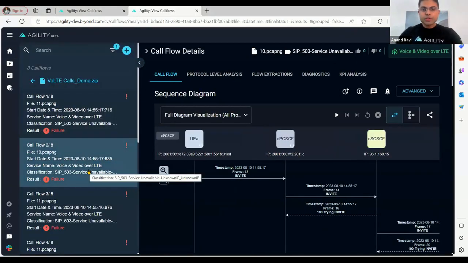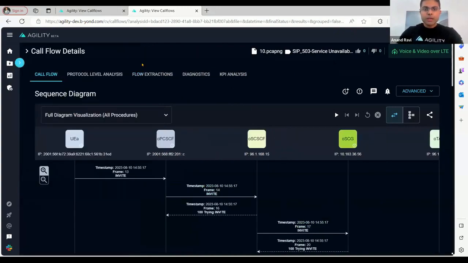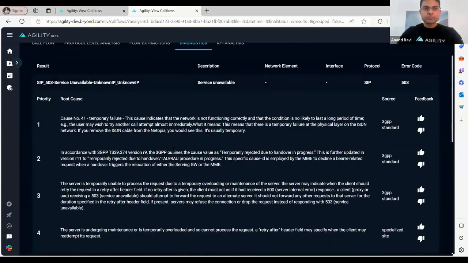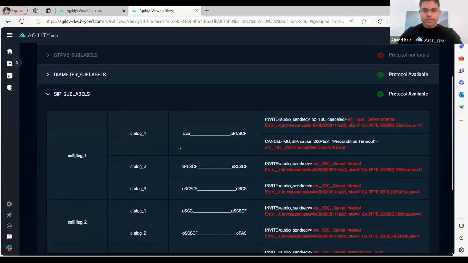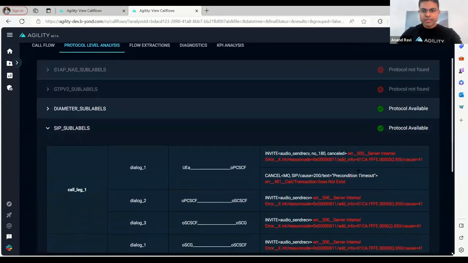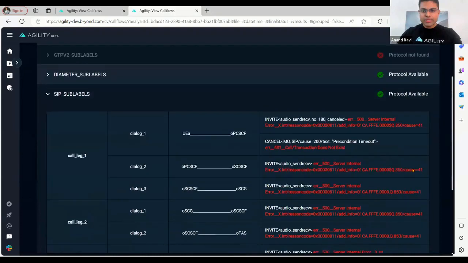It says it's a 503 service unavailable, but if I go to the diagnostics, this is where there's quite a detailed explanation of why this 503 service unavailable is happening, especially because it's connecting to an ISDN network. There is a cause associated in the SIP sublabel, that I had to look up. There you go. It says a Q.850 cause 41, which is thrown by the ISDN terminal.